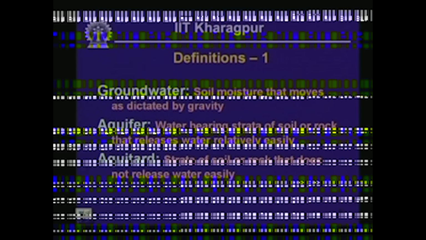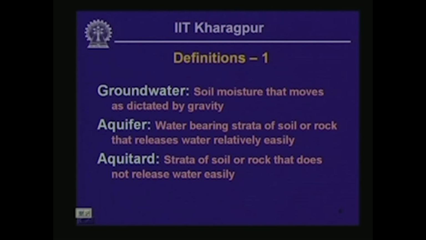Aquifer is a water bearing layer of soil or rock that releases water relatively easily. So if you have got a permeable mass of soil or rock which is saturated, that can be described as an aquifer.